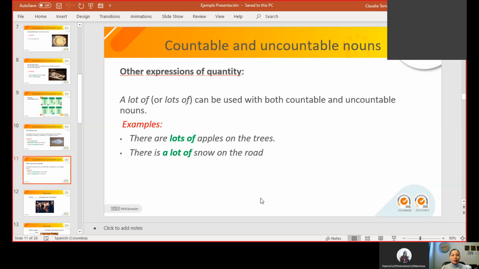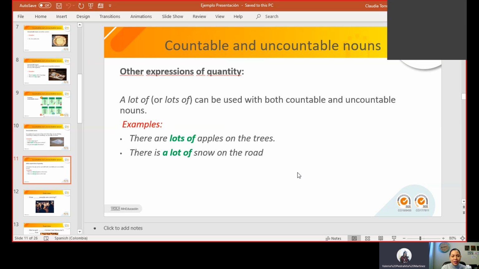But you have to be very careful, because it's not the same. When you use lots, you have to write s at the end, so lots of. But when you use a lot of, a lot doesn't have s. So when you have s, you don't write a. When you write a, you don't write s.